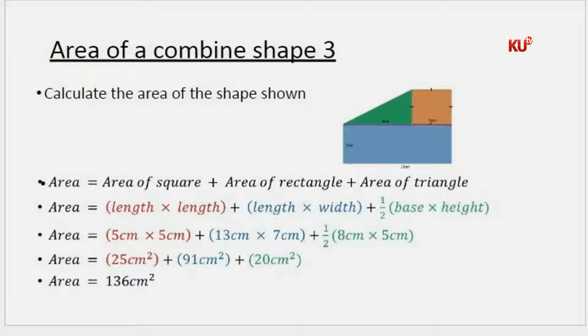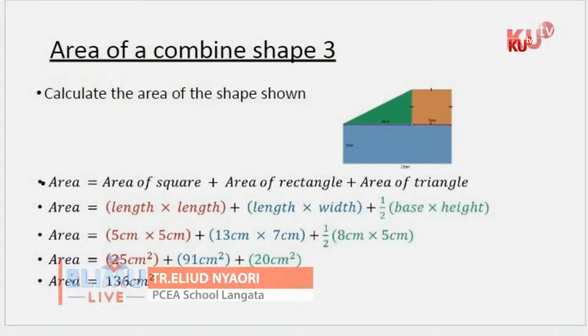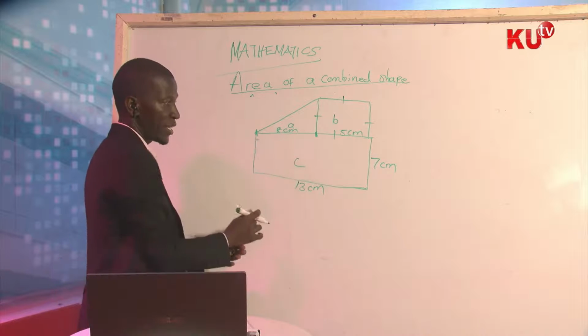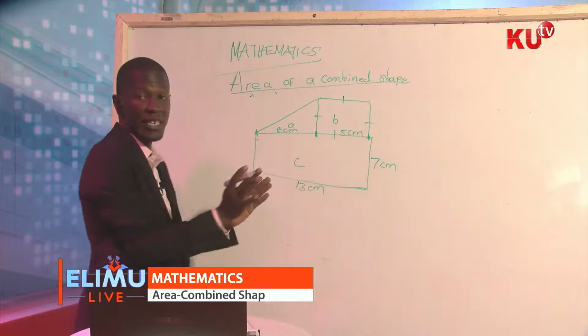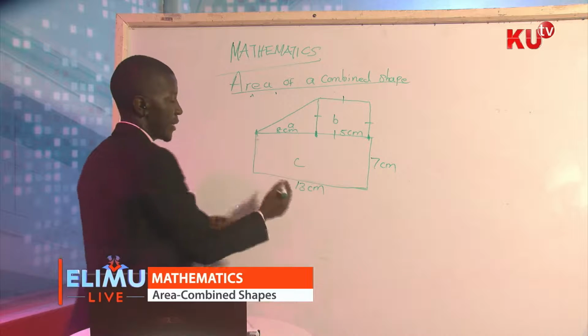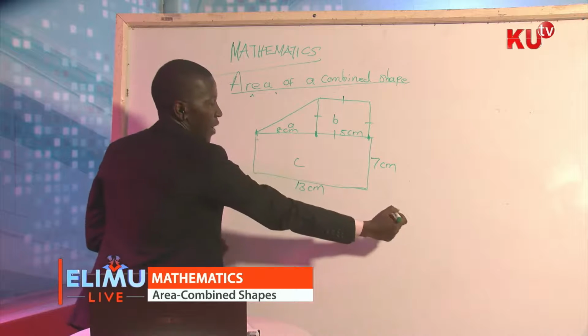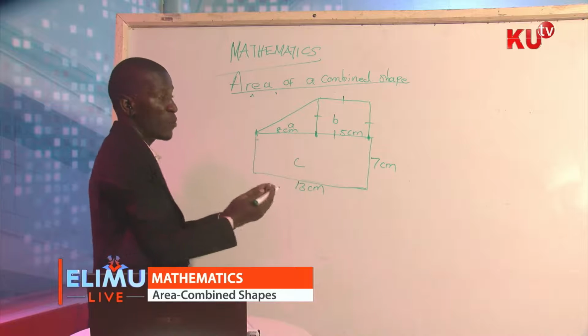Then we have the height of the triangle, which is equal to 8 centimeters. So from this point to this point is 8 centimeters. This point to this point is 5 centimeters, which makes the total length for the rectangle to be 13 centimeters.